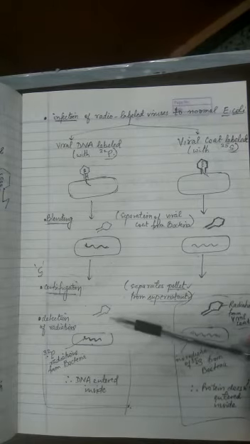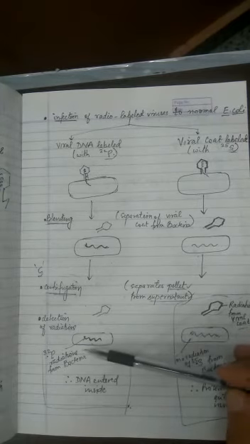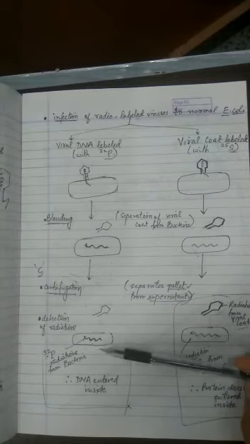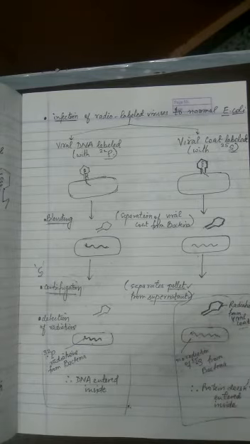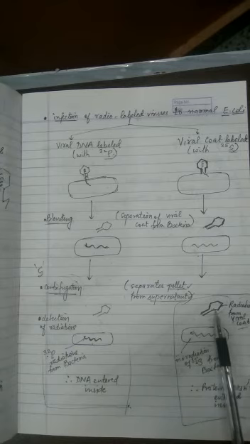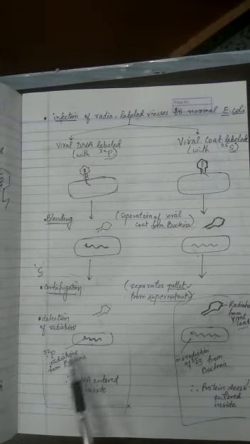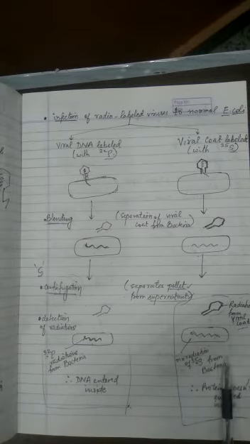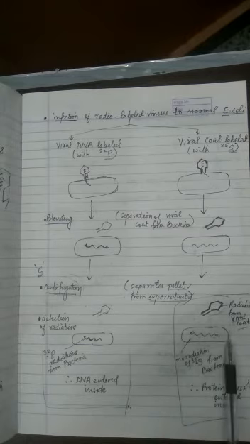and then they discovered that the radiations of sulfur 35 were coming from the supernatant portion, and that the phosphorus 32 radiations were coming from inside the bacteria, which was the pellet. So this confirmed that DNA enters inside, protein does not enter inside. That's why radiation of only phosphorus 32 came from this experiment setup, and in this setup there is no radiation of sulfur 35 from inside the bacteria.